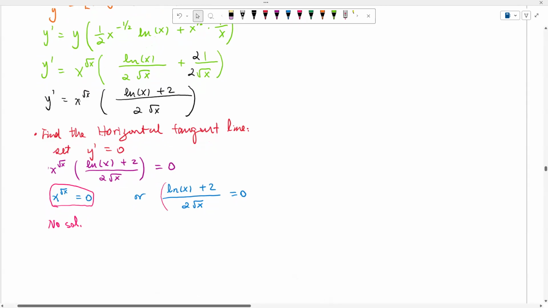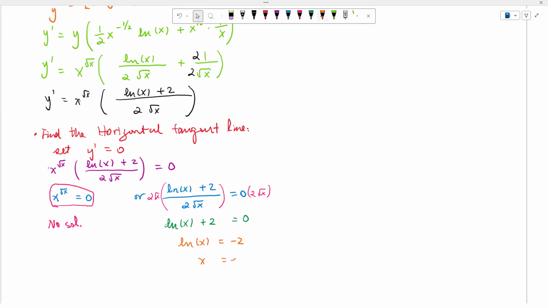Now we could multiply both sides by 2 square root of x. Then I will have natural log of x plus 2 equal to 0. If I solve it, I will have natural log of x equal to -2. Of course, in this case, x is e to the -2.